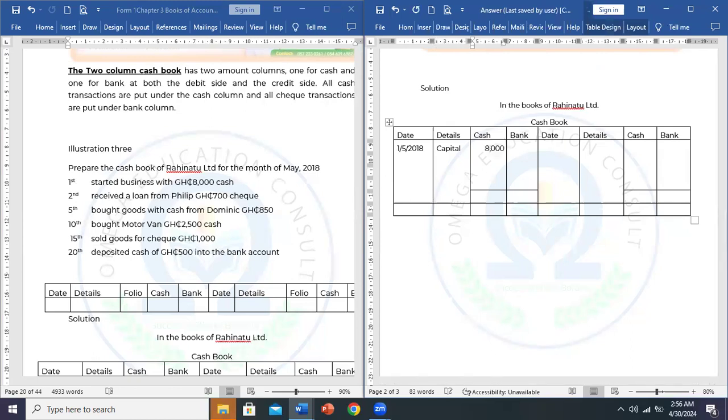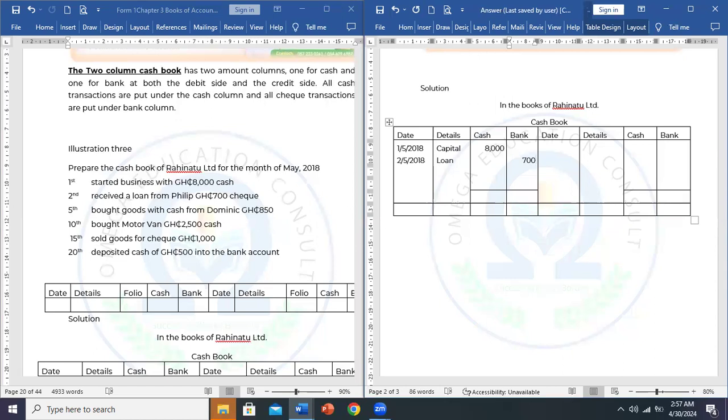On the second, received a loan from Philip, 700 check. This is a bank transaction because check is related to bank, but it is still a receipt. So we are going to debit it. 2nd May 2018, loan from Philip, and this time it will go under the bank column because this is a check transaction.